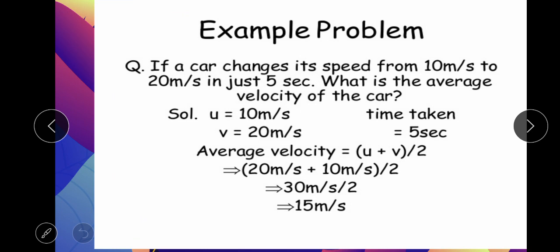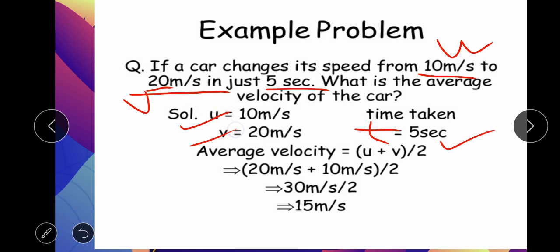Now here is given an example. If a car changes its speed from 10 meters per second to 20 meters per second in just 5 seconds, then the car is accelerating from 10 to 20 meters per second. You have your initial velocity u and final velocity v, and the time t is equal to 5 seconds.